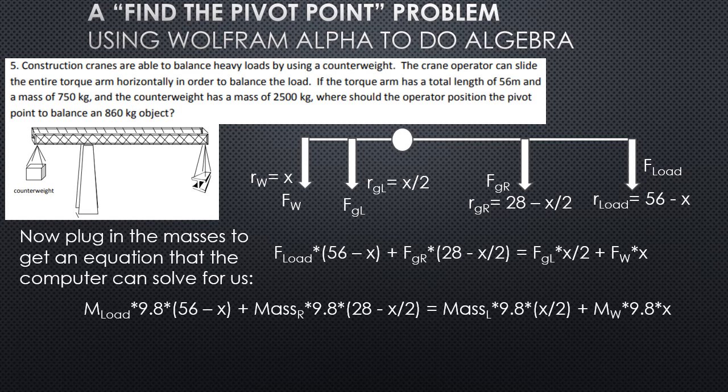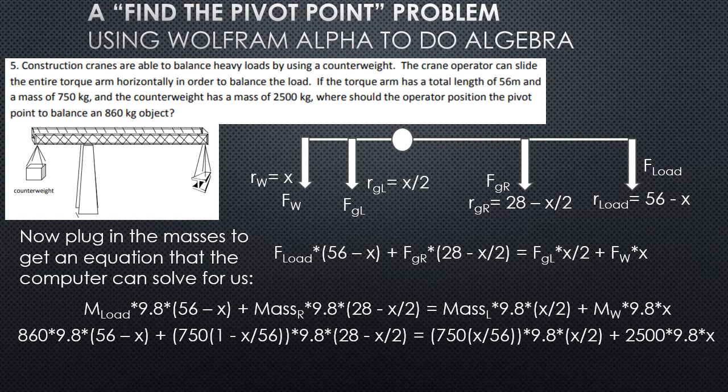So now let's plug those masses in. Yes, very ugly. I warned you. So the load mass is 860. The mass of the right side was that 750 times 1 minus x over 56. The mass of the left side was the 750 times x over 56.